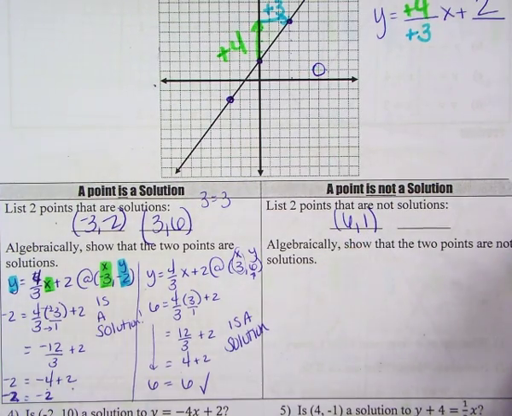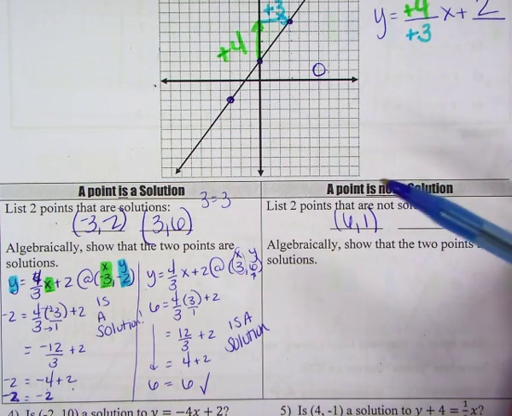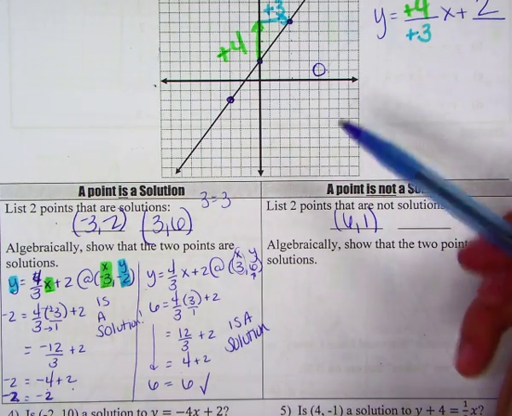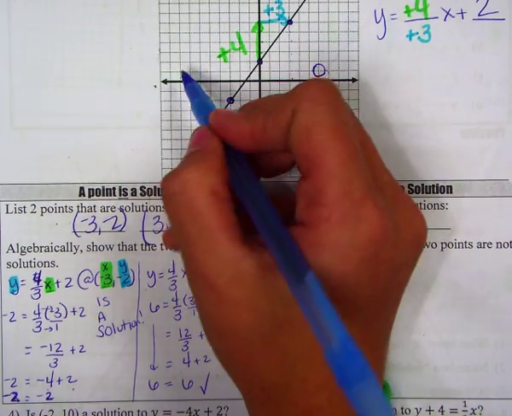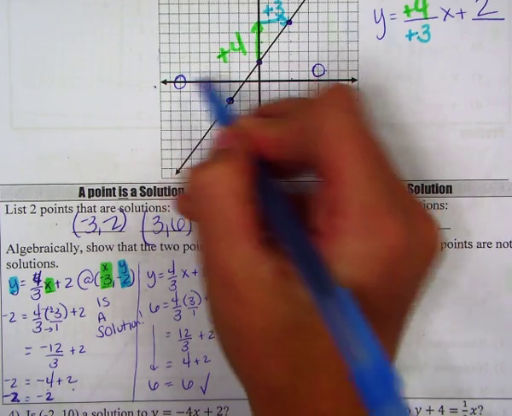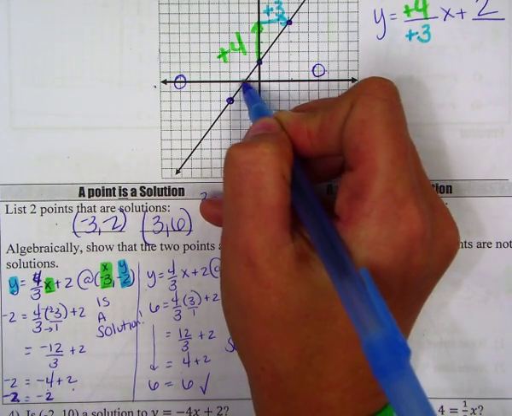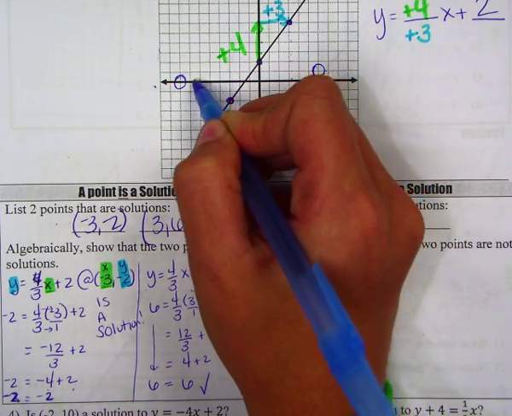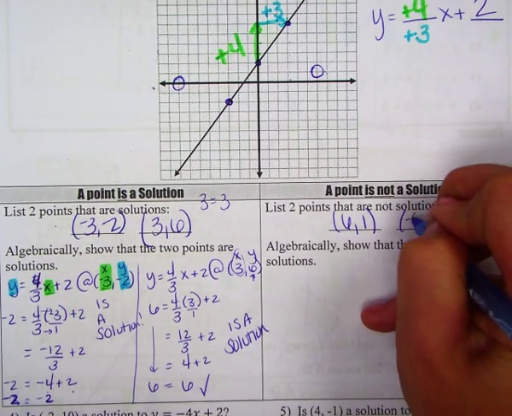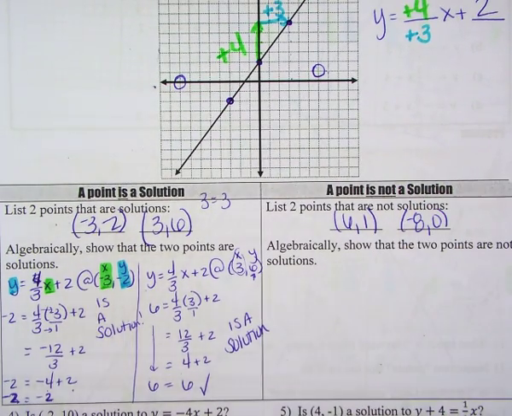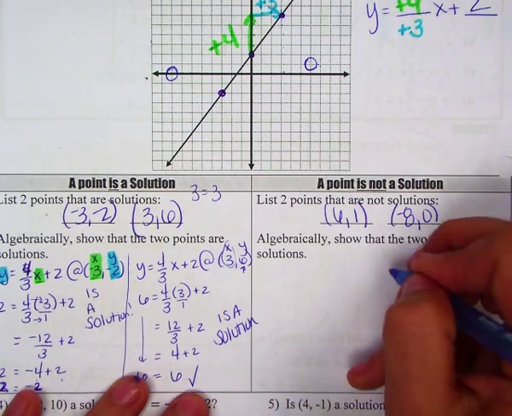Really, any point that's not on the line is not a solution. So this random point over here, which is -8, 0, is also not a solution. I'm going to test those 2 points to show algebraically what that means.